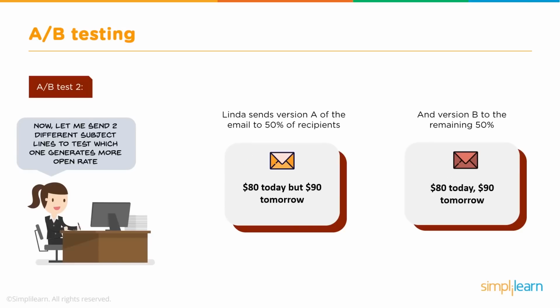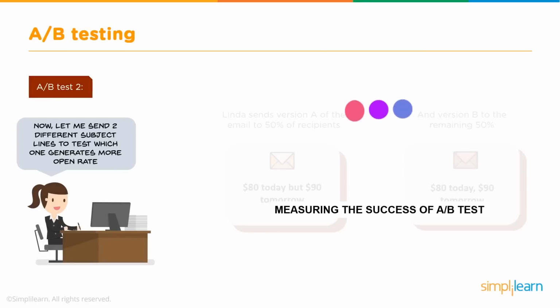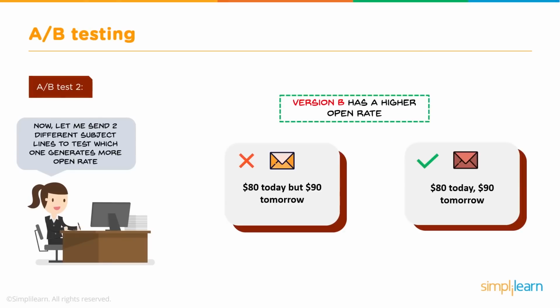So Linda sends version A of the email to 50% of the recipients. Okay? "$80 today, but $90 tomorrow." And version B to the remaining 50%. "$80 today, $90 tomorrow." The only really succinct difference here is using the word but versus a comma. She sent that email out, the data is coming in, and she's going to measure the success of that A/B test.